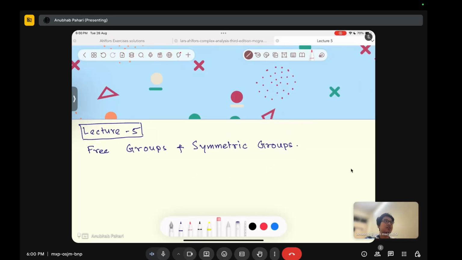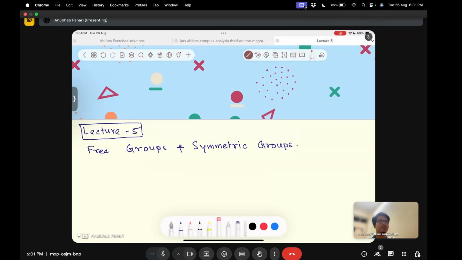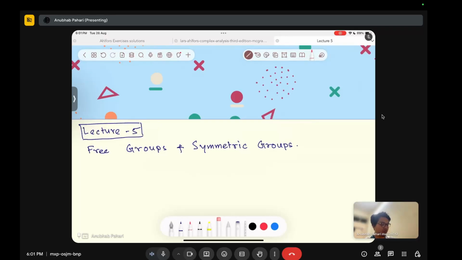We have been doing Sylow groups for the last two classes in tutorials, but I thought maybe we should start with free groups today, and with time permitting we'll be doing symmetric groups and maybe some related problems to Sylow groups and symmetric groups. So let's start with free groups.